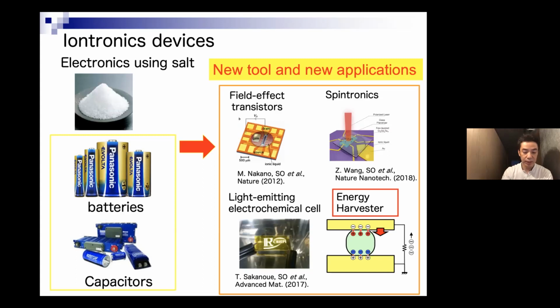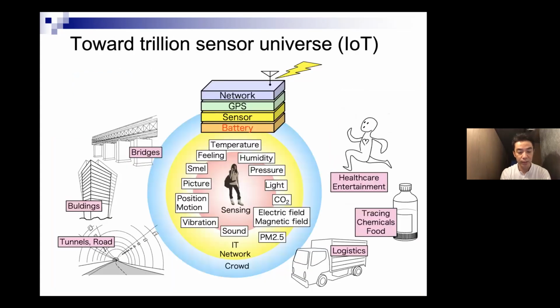Recently, vibration energy harvesters have been extensively investigated to realize an alternative energy source to batteries. To achieve the trillion sensor universe, there is a strong need for batteryless sensors.